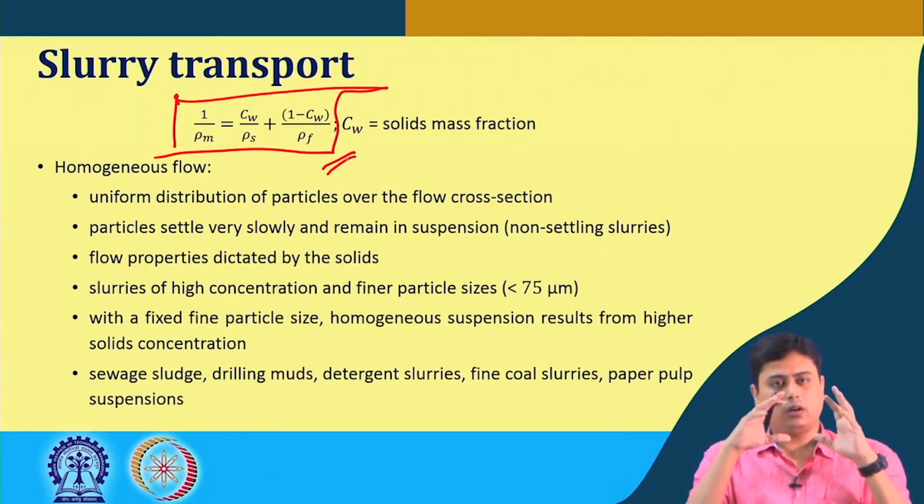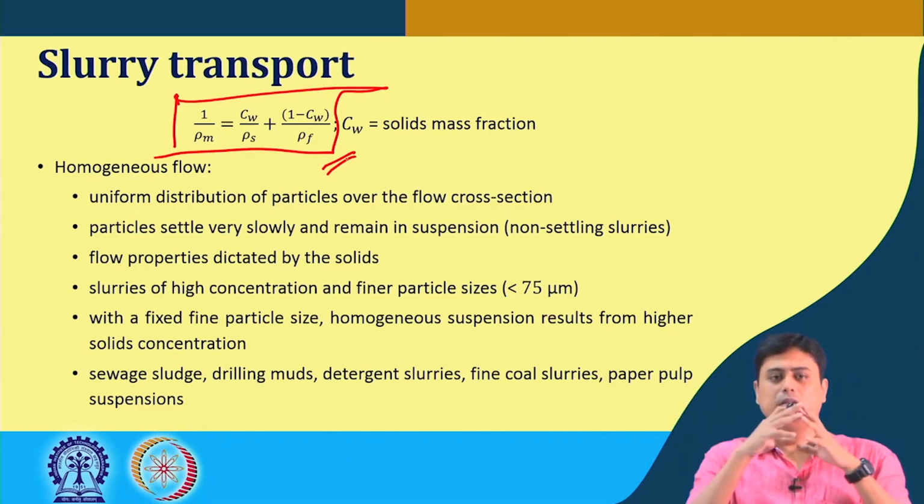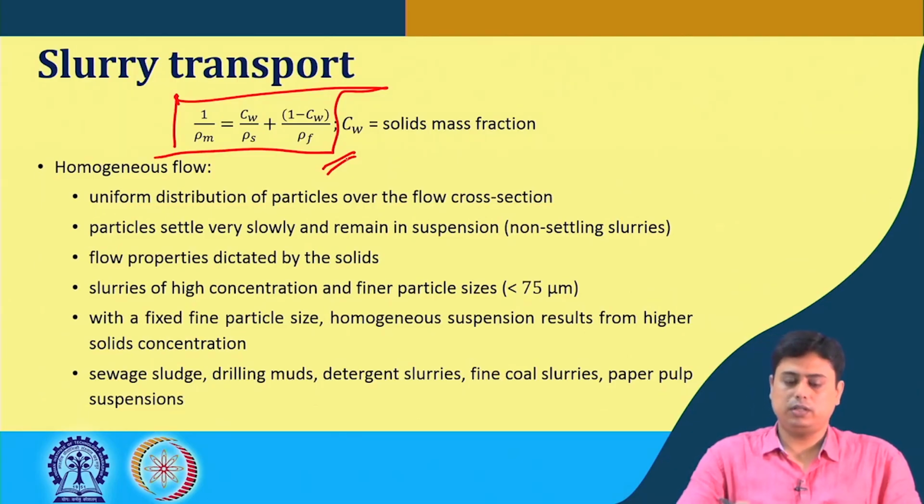Based on this observation, slurry transport has been divided into three flow regimes. One is the homogeneous flow, in which there is a uniform distribution of particles over the pipe cross section, or the flow cross section.